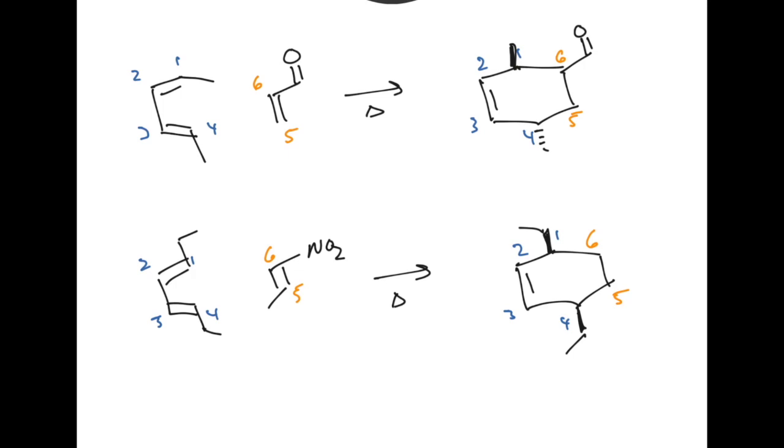If you're a dash person, that is perfectly fine. As long as they're both on the same side, we're good. Again, I'm not going to worry about stereochemistry on 5 and 6 right now. We're just going to put the groups there. You can have more than one group on your carbon 1 and carbon 4.